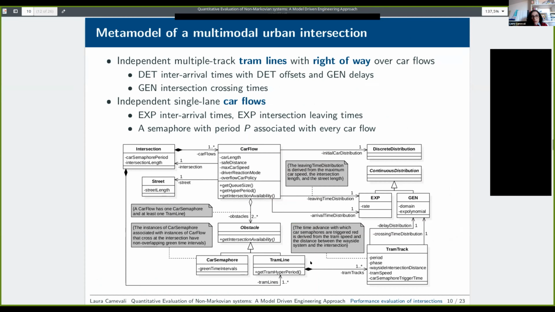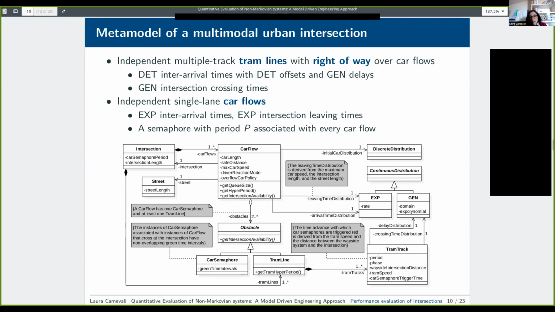So as I was saying before, we have independent tram lines. Tram lines are made of multiple tram tracks, and tram tracks are characterized by a period, which is the period of tram arrivals, and by a phase, which completes the characterization of the arrival process.